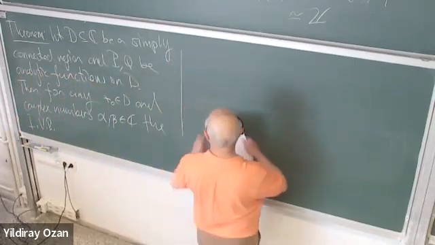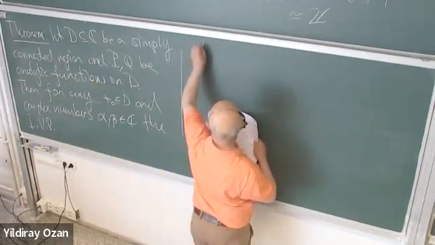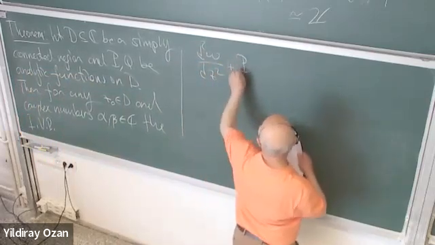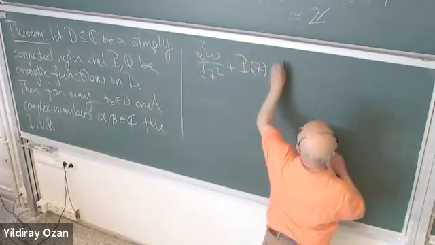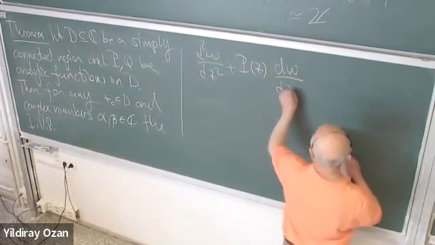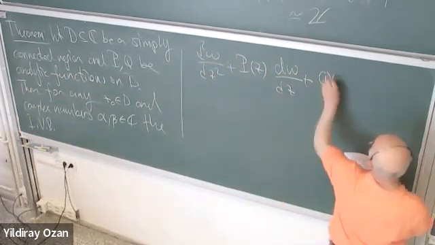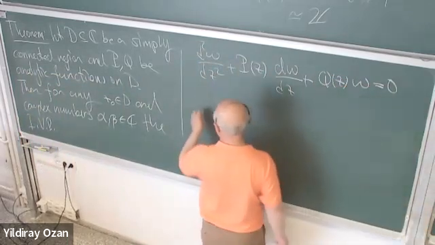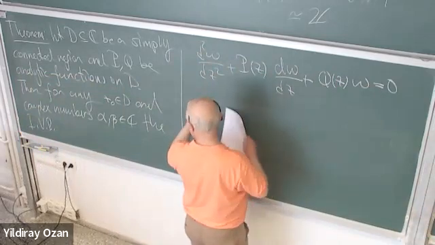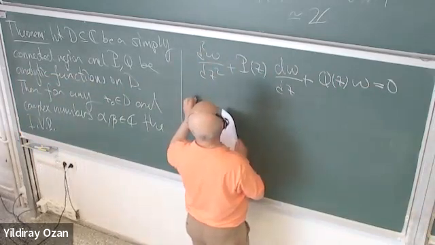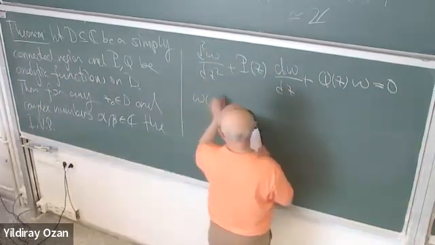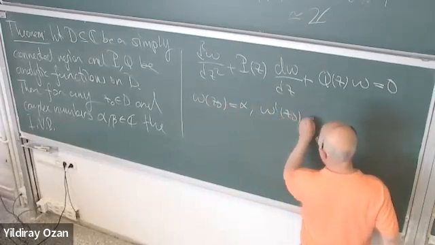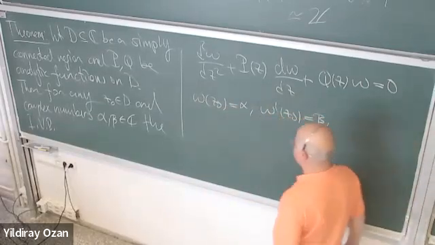This one, d squared w over dz squared plus p(z) dw over dz plus q(z) w equals 0, has a unique solution with the initial conditions, of course, w(z0) equals alpha and w prime(z0) equals beta.